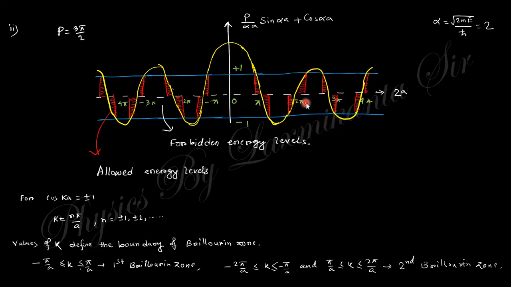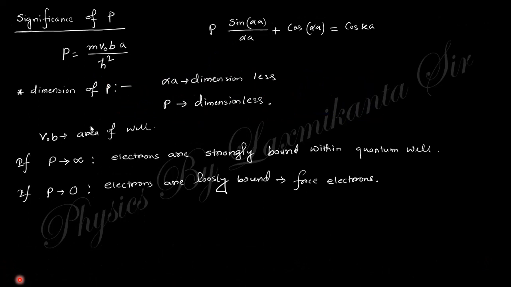So up to this point it is valid, and these are the forbidden regions. For cos k a equal to plus or minus 1, we obtain this range. So these are the ranges where the energy is continuous, mathematically obtained here, and these are known as the Brillouin zones.